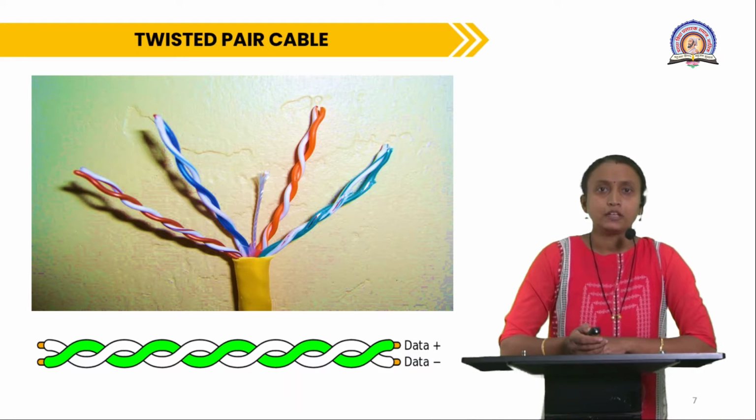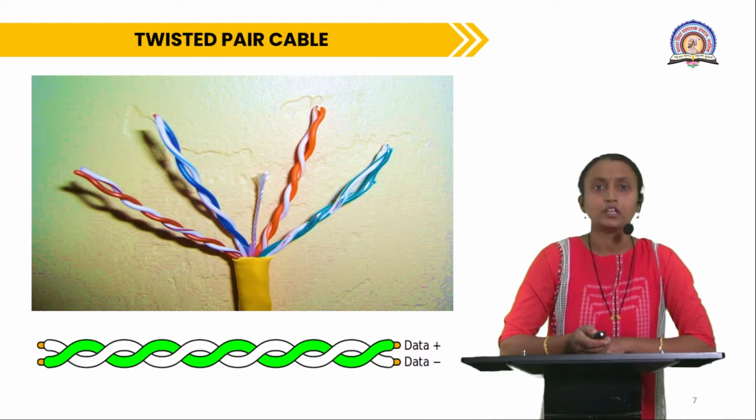As its name indicates, it contains two copper wires which are 1 millimeter thick. These two copper wires are twisted together and act as a conductor. Each copper wire is insulated using a plastic sheath. In the twisted pair cable, the number of twists is responsible for reducing the electromagnetic interference due to surrounding material.